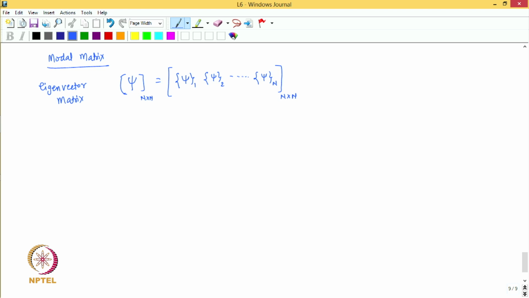Okay. And so, now we can also express orthogonality properties in terms of the eigenvector matrix. Each of them we can write through a compact expression, right. So, therefore, we can say that psi transpose M psi, right.